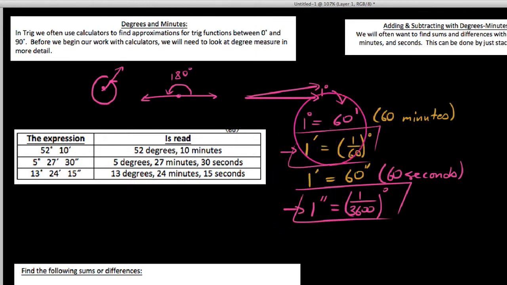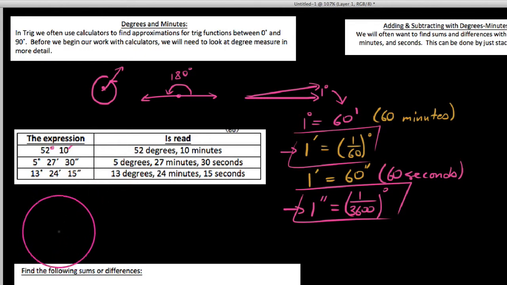You want to make sure that you write those things down, but we tend to tack those things on to regular full degree measures. So for instance, we could say an angle could be 52 degrees 10 minutes, and we would write it this way: 52 with a degree symbol, the degree circle, and then a notch mark for minutes. Or we would write and read this one as 5 degrees, 27 minutes and 30 seconds.